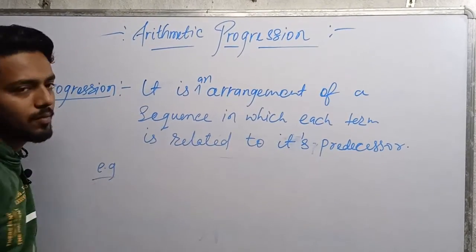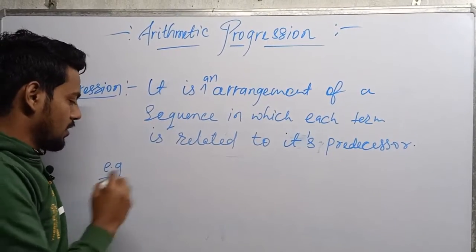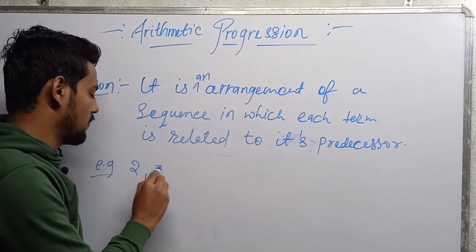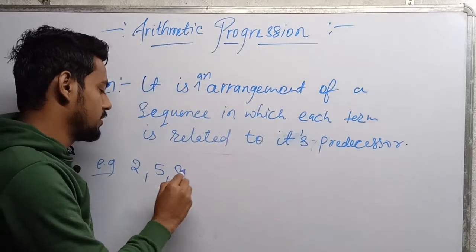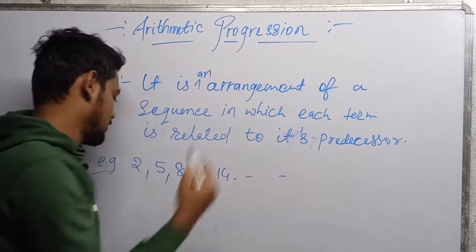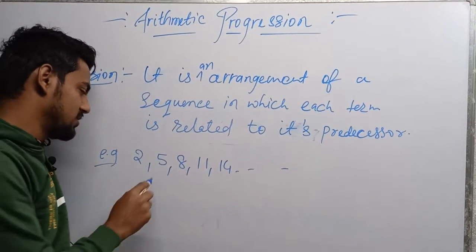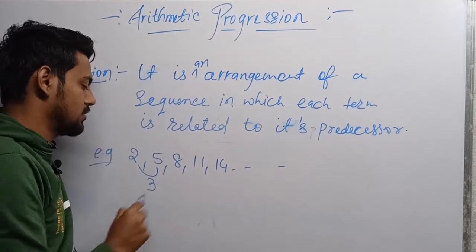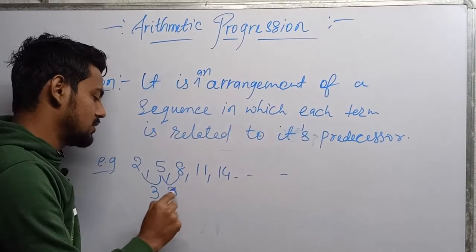For example, if we write 2, after that 5, then 8, 11, 14, now we could simply see that here the difference is 3. Again the difference is 3.